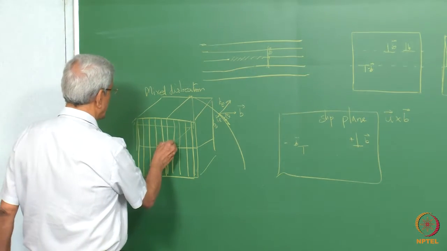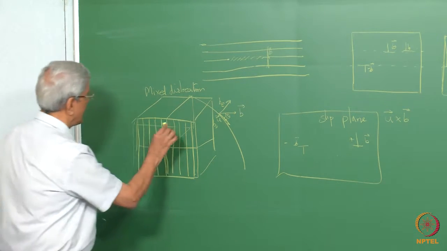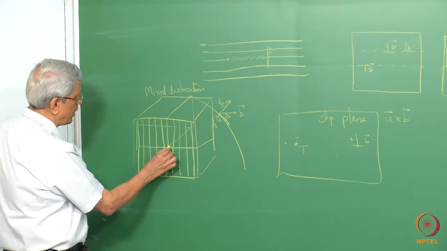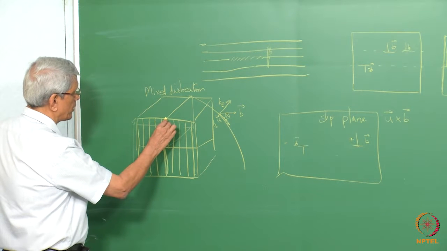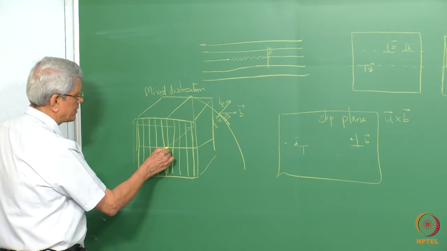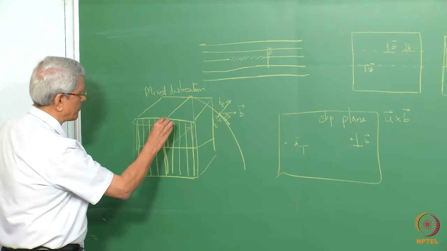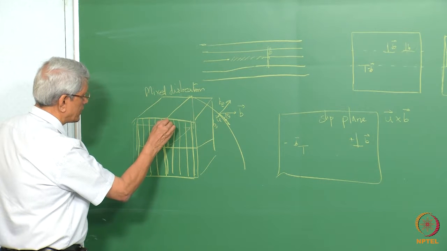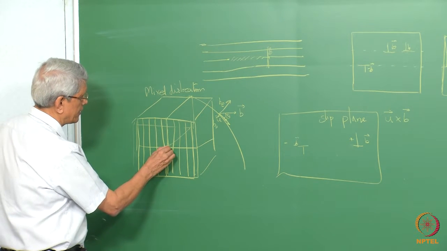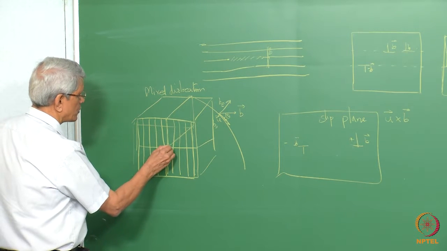When this happens, if you look in this particular direction, essentially it is equivalent to putting an extra half plane in this direction as well as in this direction. That means that in this direction there is an edge dislocation, and this direction is also an edge dislocation, and they are joined together at this point.